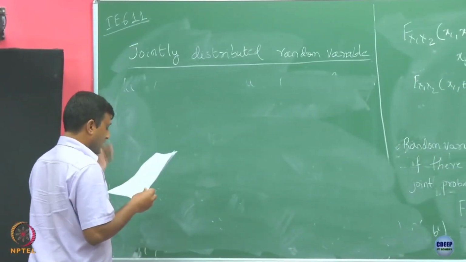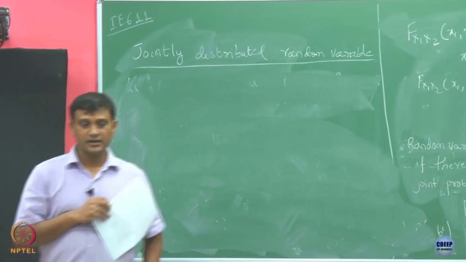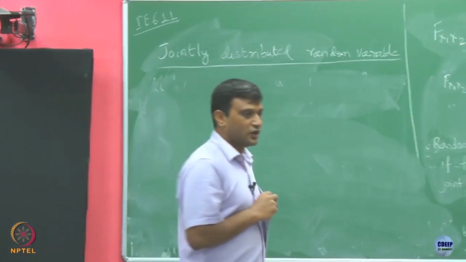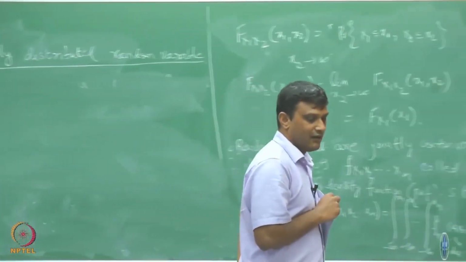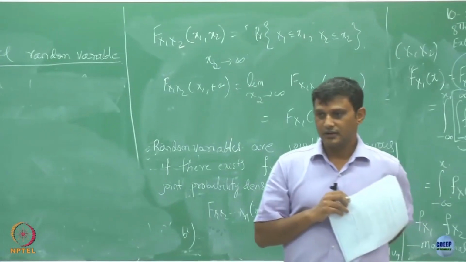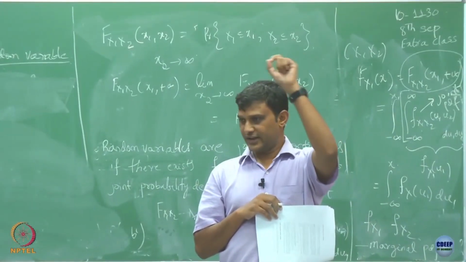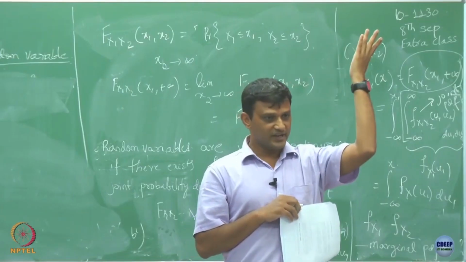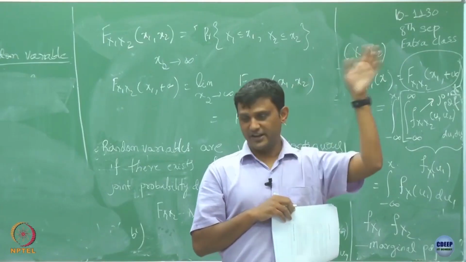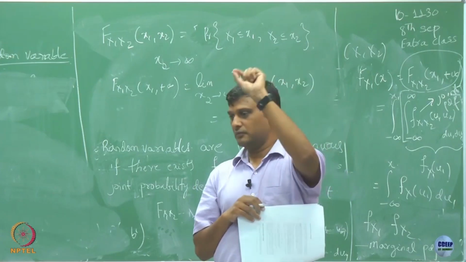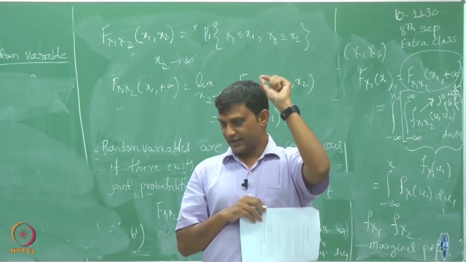Now let us turn our focus to the discrete random variables. We already discussed that for discrete random variables our interest is in probability mass functions, right? Because a discrete random variable is going to take at most countably infinite number of points, and if I know the probability at each of these points, that is enough.